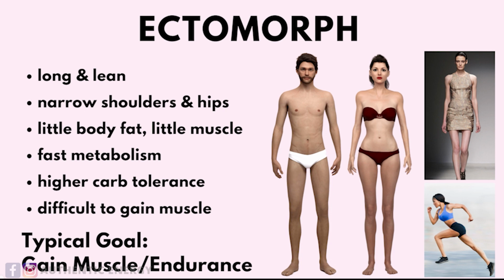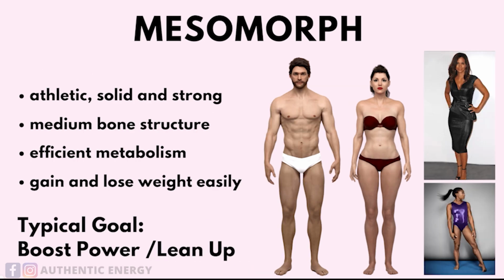I've got some pictures on the right, so you can see that typical ectomorph bodies would be people like the runway models. They're super skinny, long and lean, and also endurance athletes such as high jumpers or sprinters. They tend to have ectomorph bodies.